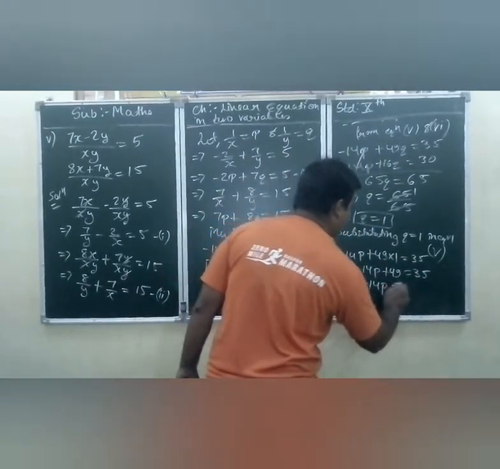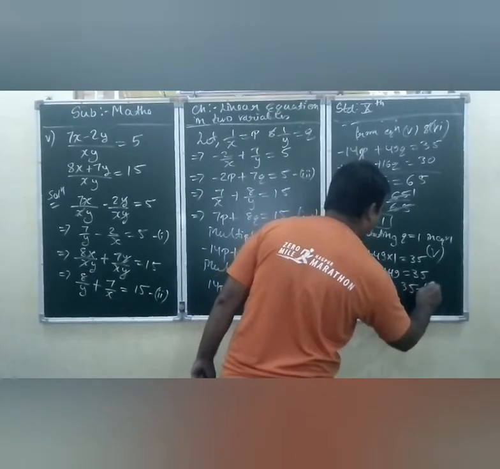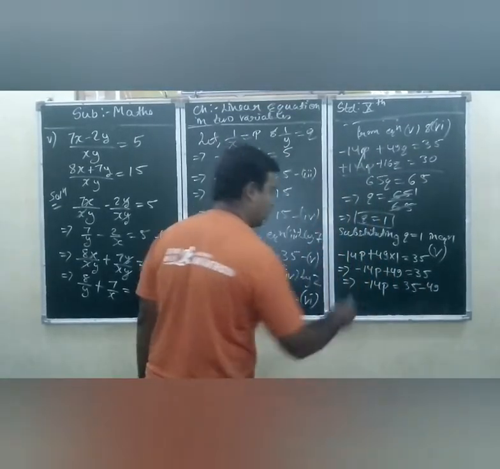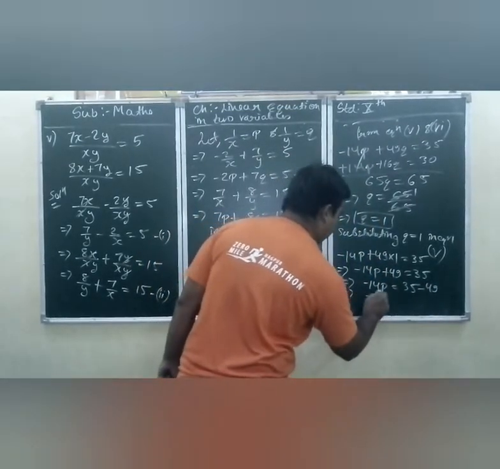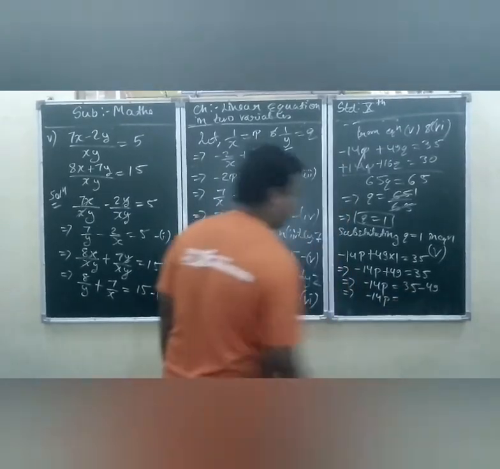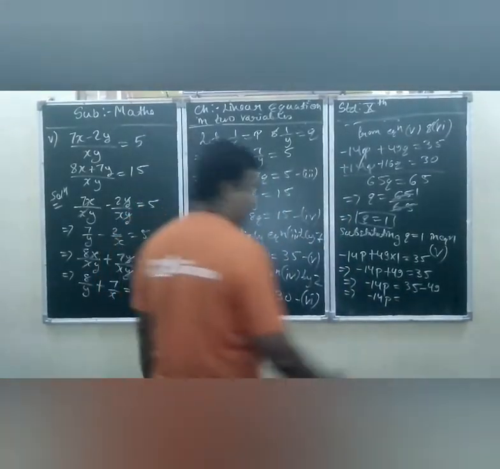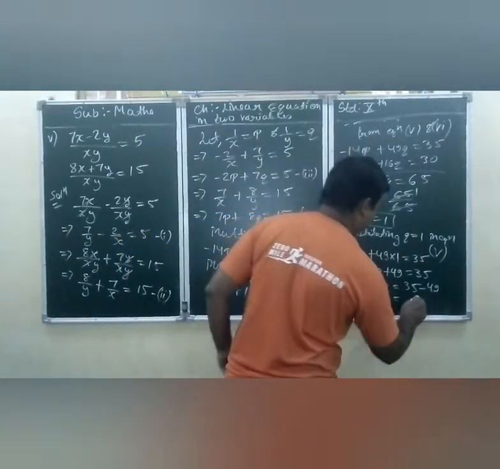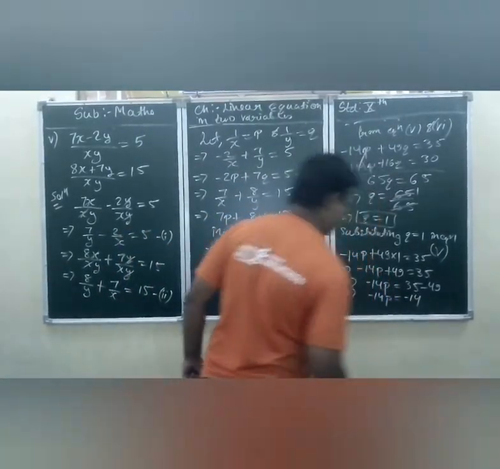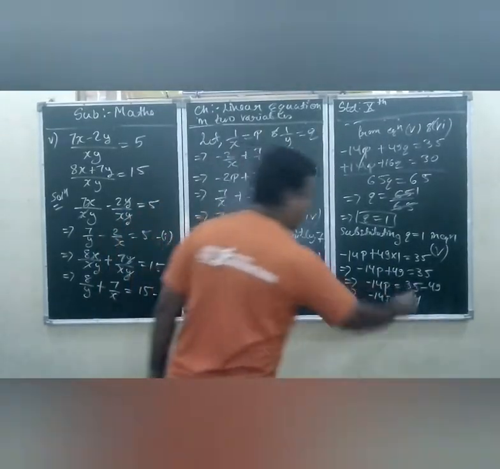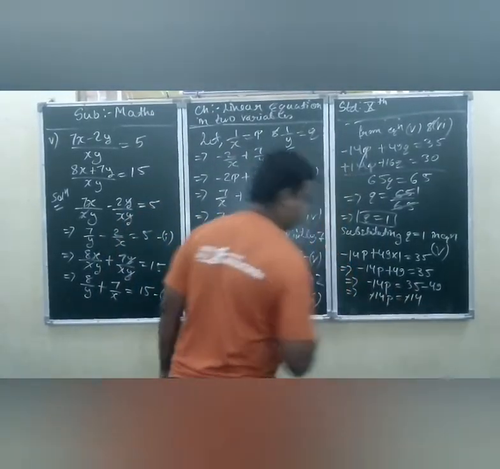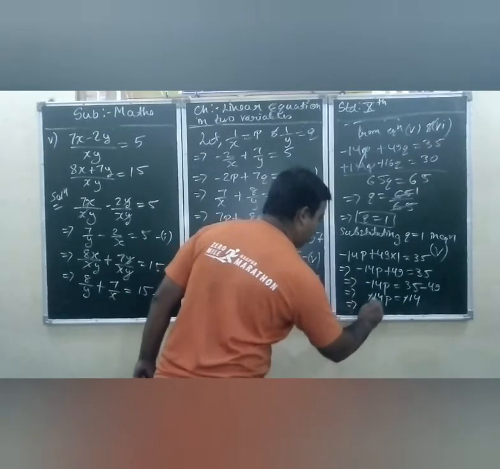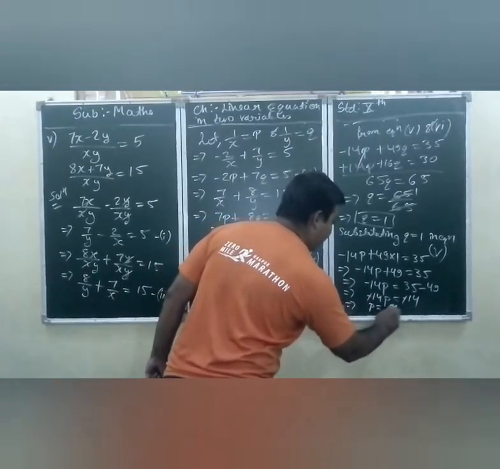Minus 14p is equal to 35 minus 49, which is minus 14. The minus cancels, so p is equal to 14 divided by 14.